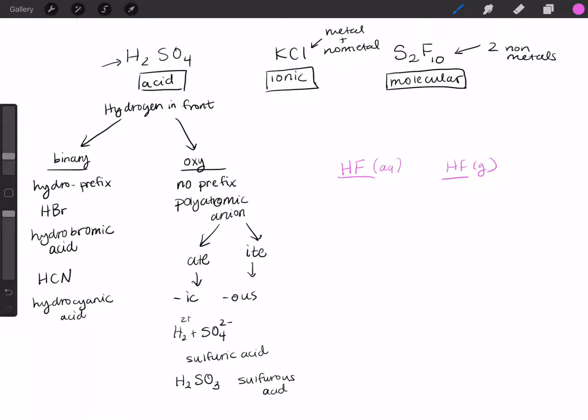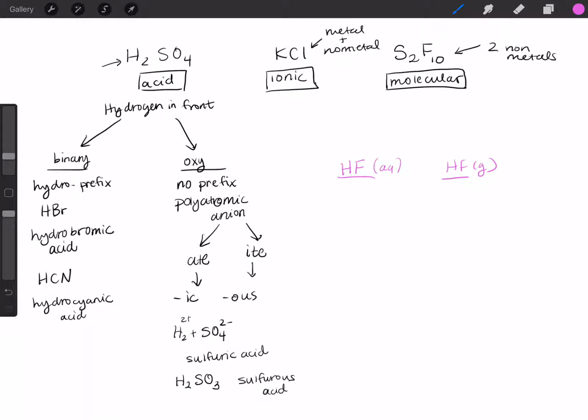This is hydrofluoric acid. I will tell you to always assume that it's aqueous. If I want you to name it otherwise, I will indicate otherwise. Always assume the acids on my exams and quizzes are aqueous. And that means you name them like an acid.